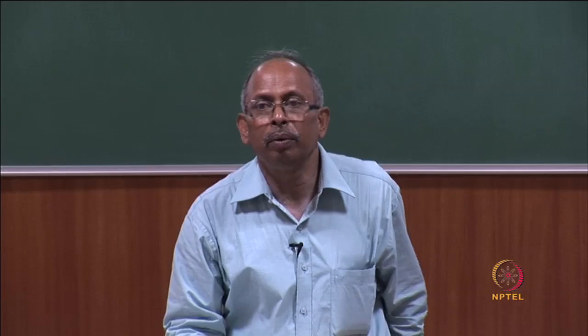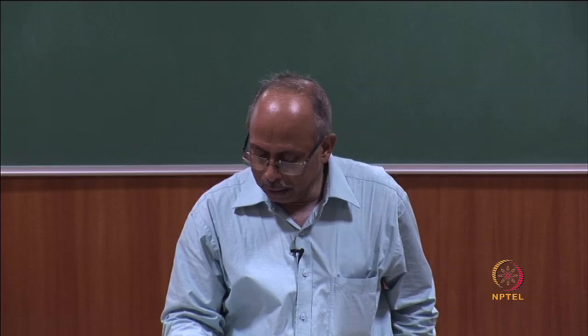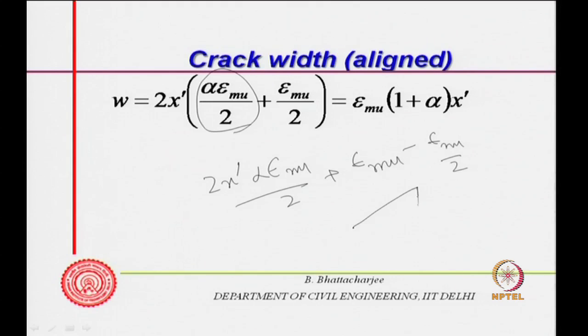The matrix strain is now not epsilon mu; the total strain would be epsilon mu plus as much as is there, but there is a reduction in the matrix.